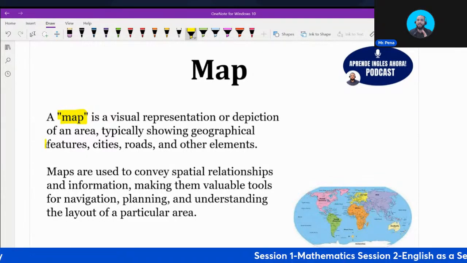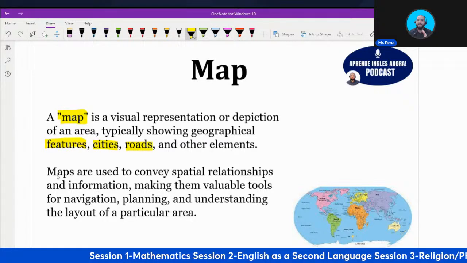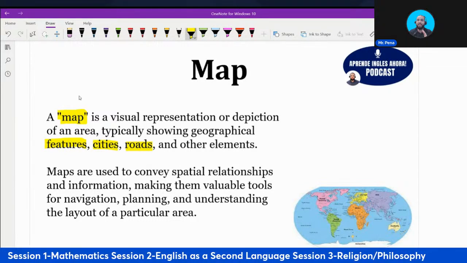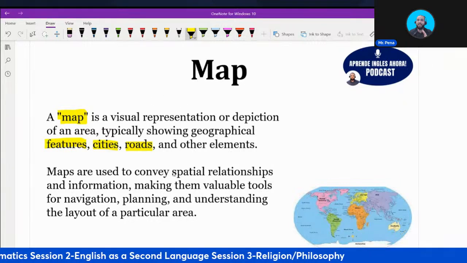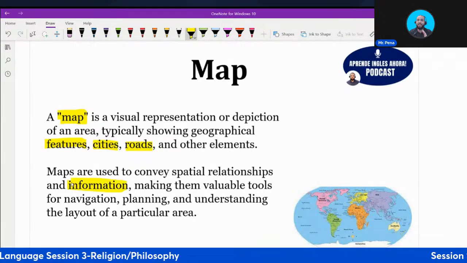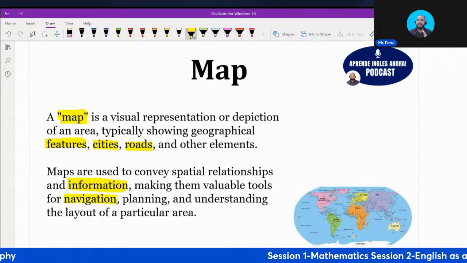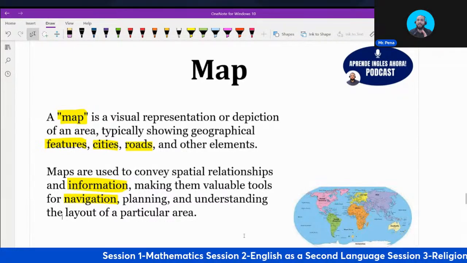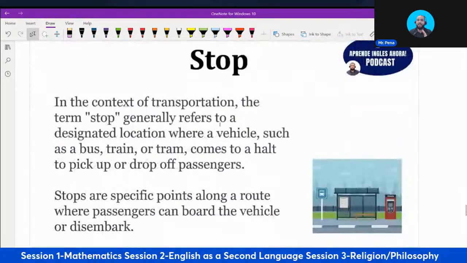Maps are used to convey spatial relationships and information. So maps just give us information about places. People use maps to navigate, to go where they need to go.